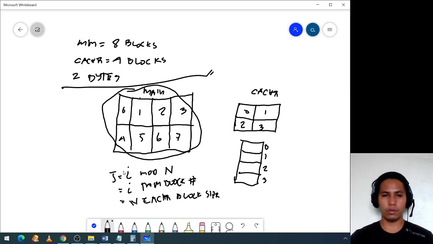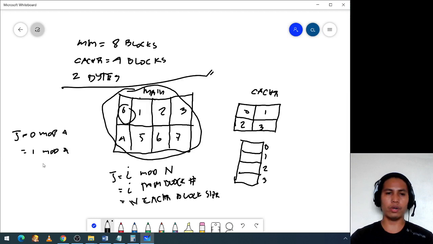So if we are to map 0, that would be J equals 0 mod 4. For 1, that is 1 mod 4. The same with 5, 6 mod 4, and 7 mod 4.